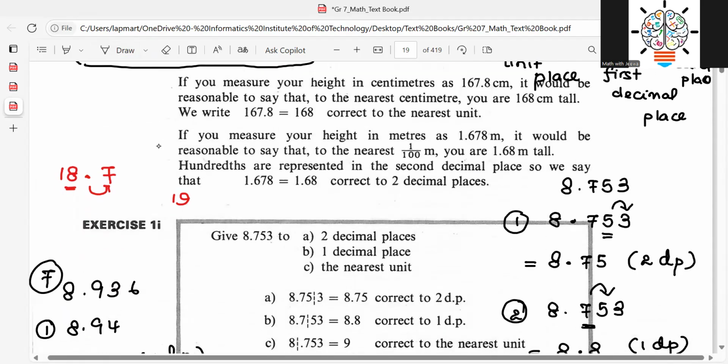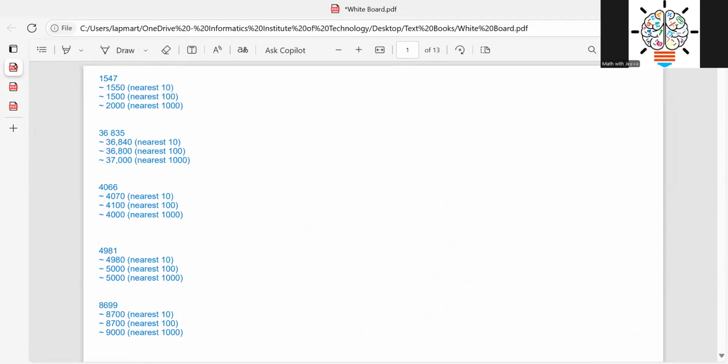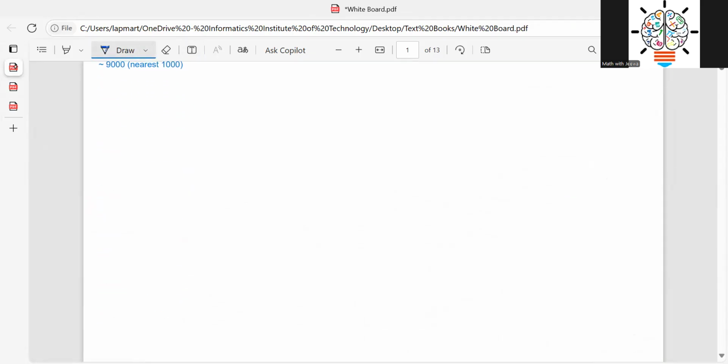Here they have given 8.753. Now you just see, children, if you have something like this, 8.753, the first one, you want to correct it to the second decimal place, right?